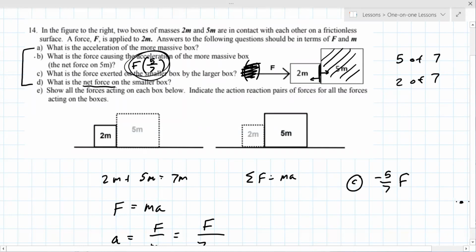Sorry, B and D are related, because whatever force causes the acceleration of the larger box, which is 5/7 F, D is the 2/7 F, because that's the part it contributes to the acceleration. The net force just means what forces are on it, what forces are causing the acceleration.